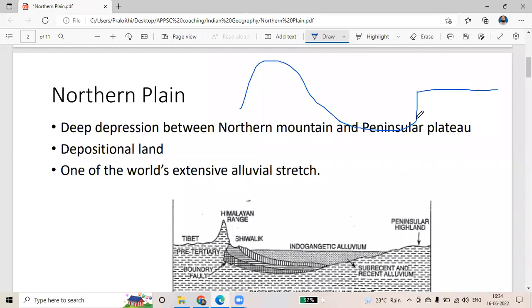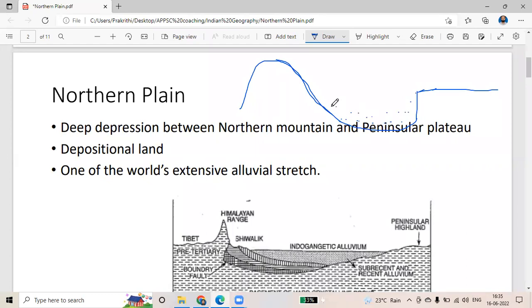Later, what happened is, from the Himalayan region we know there are multiple rivers. These rivers carried alluvium from here and deposited it below. On the other side, the plateau region is also an elevated land, so deposition happened from there too.